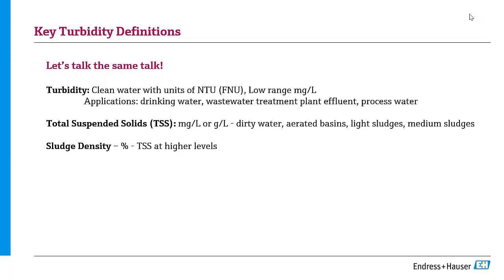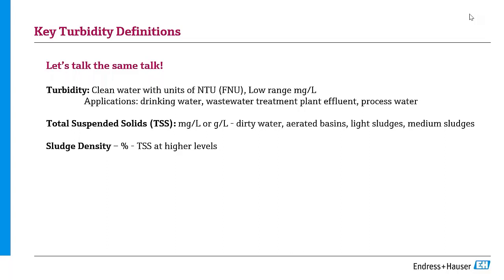When someone says turbidity, a turbidity measurement, they're really talking about a measurement in a clean water application. And when we say clean water, we want to think influent, effluent, drinking water plants, processed water. Here we have a really low number of solids. When we talk about total suspended solids, or TSS, we're thinking about dirtier applications.